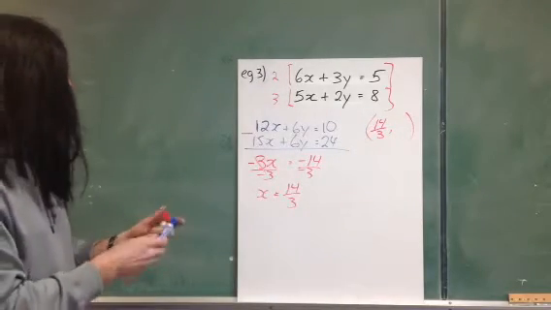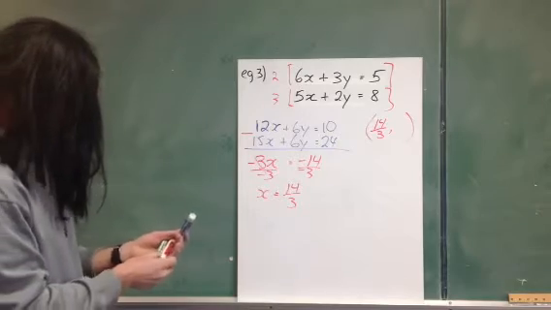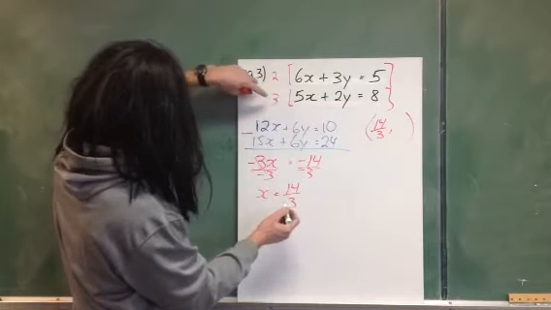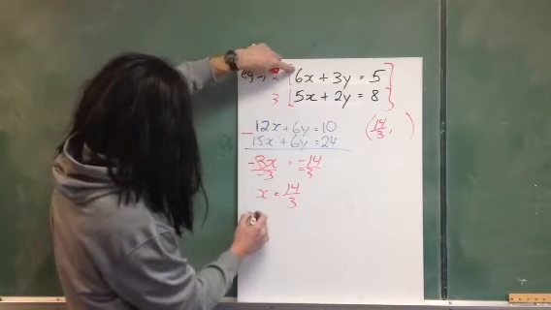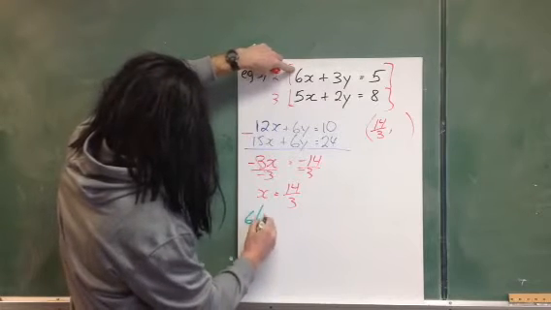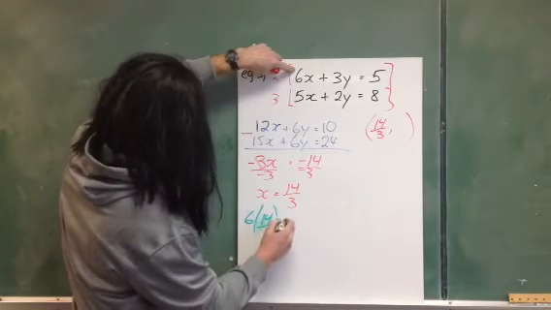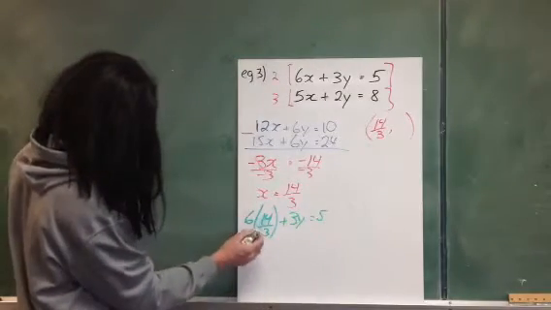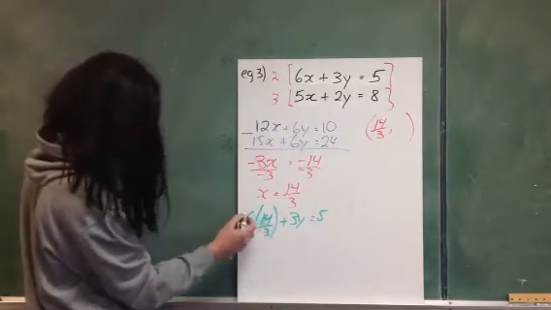Okay, now we're going to try and find out what the value for y is. So I'm going to put this value in, might as well put it into the original. 6x, 6 times 14 thirds plus 3y's equals 5. I can do a little bit of reducing here. I could go 6 times 14 and then divide by 3, or I can reduce first.